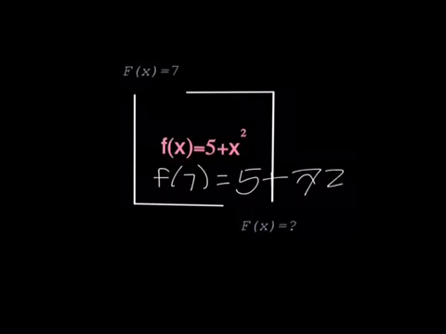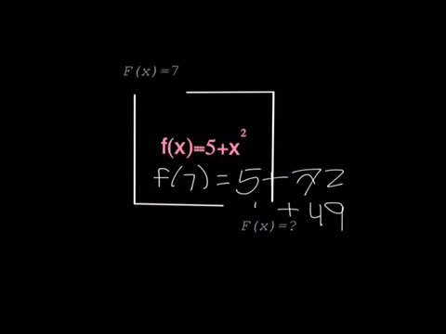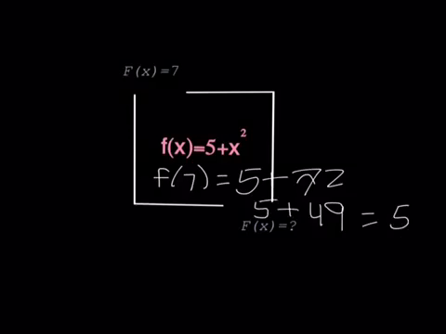So 7 to the second would be 49, and you are adding 5 right here. 49 plus 5 equals 54. So your f of 7, or f of x, as I should say, would equal 54.